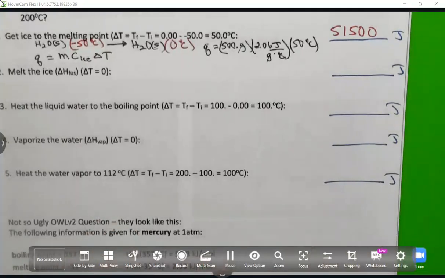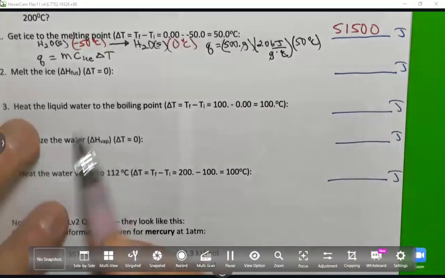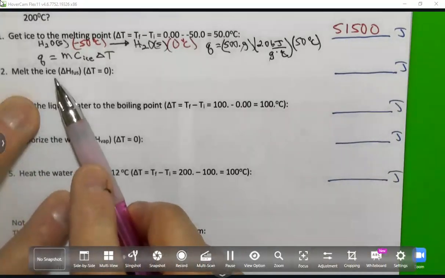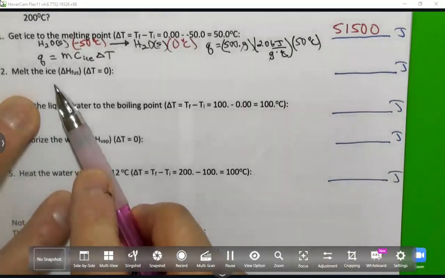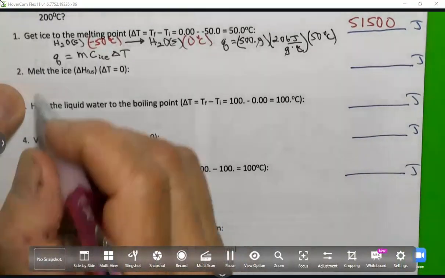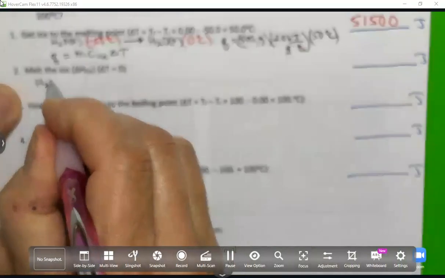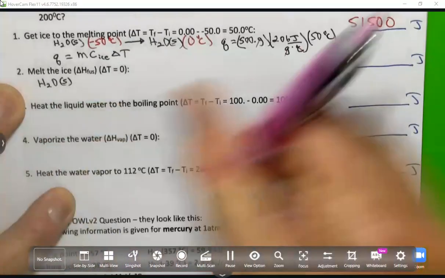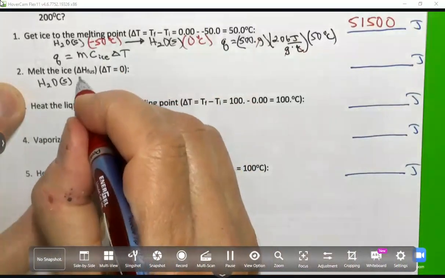Now I have a chunk of ice at 0 at its melting point. Now I have to melt the ice, right? So this involves the enthalpy of fusion. I have H2O solid at 0 degrees Celsius.